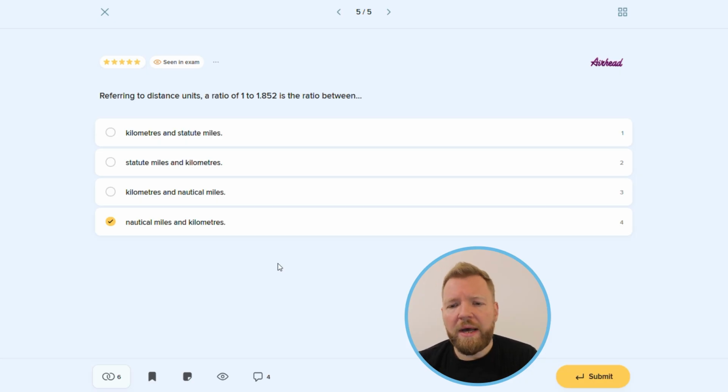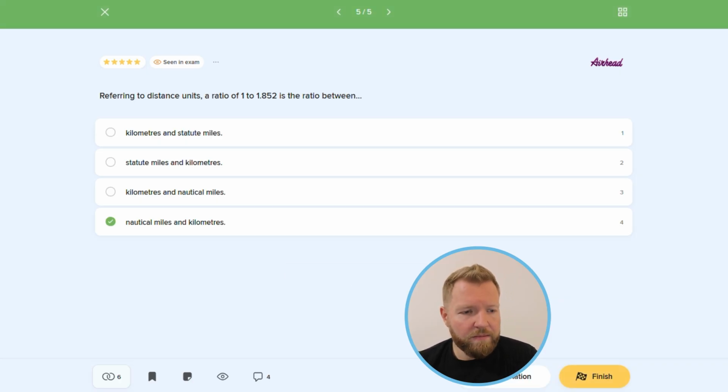The same we can do for nautical miles to kilometers conversion. Knowing our distance in nautical miles, we multiply it by 2 and subtract 10%. So, answer number 4, a ratio of 1 to 1.852 is the ratio between nautical miles and kilometers. And this is the correct answer.